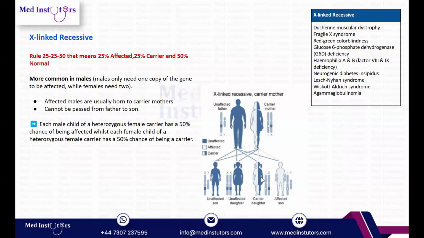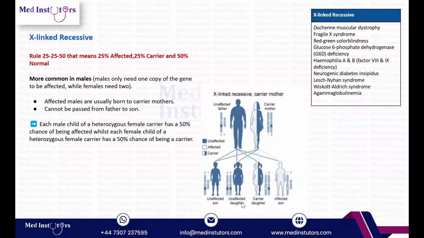If you can see this diagram clearly, here we can see an unaffected son and unaffected daughter, a carrier daughter and an affected son. If you just look at the sons, one is affected and one is unaffected. So there is a 50% chance in males to be affected or 50% normal.